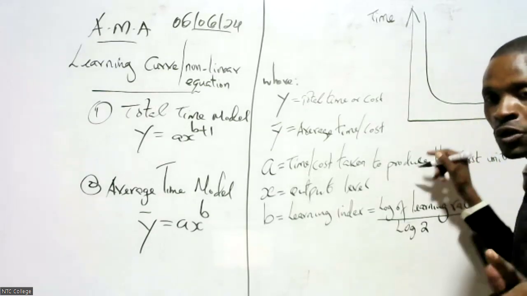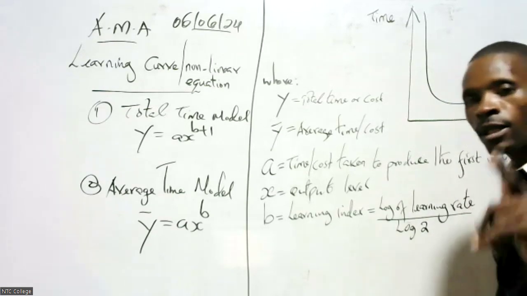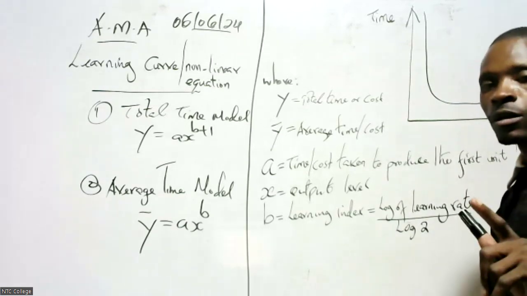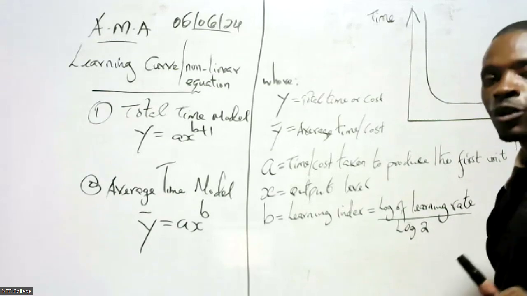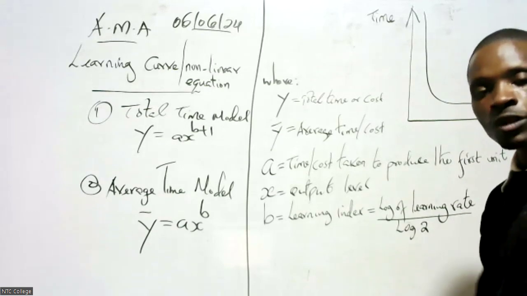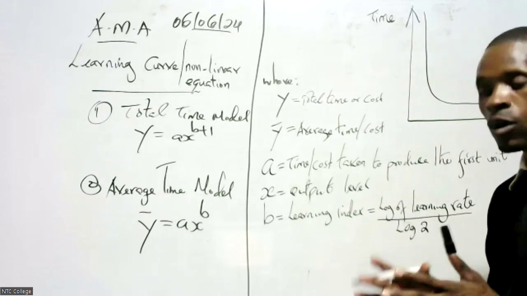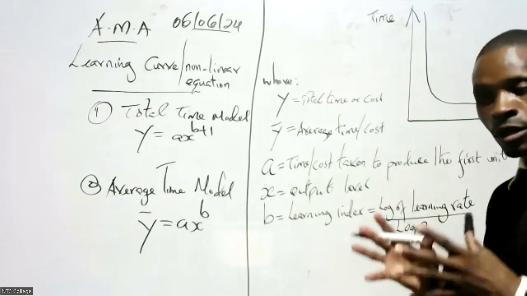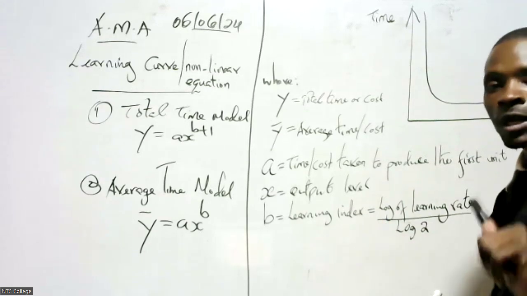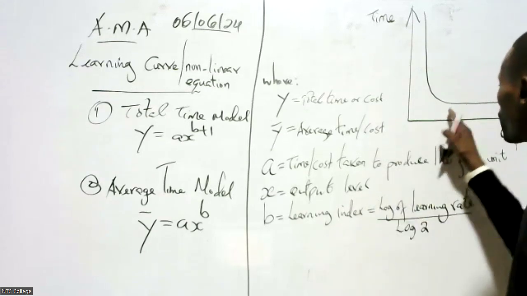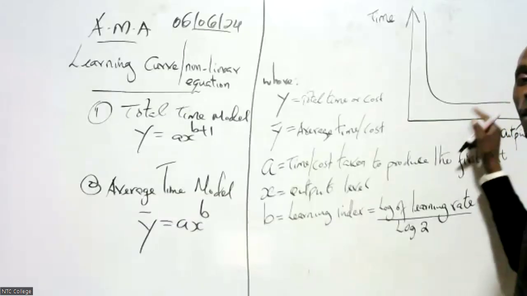That is the point we call the point of stability, where learning stops. You are now a veteran. You take constant time. Given a job, you know this is the time I'm going to utilize. There is no more learning. That's why it is parallel to the x-axis.